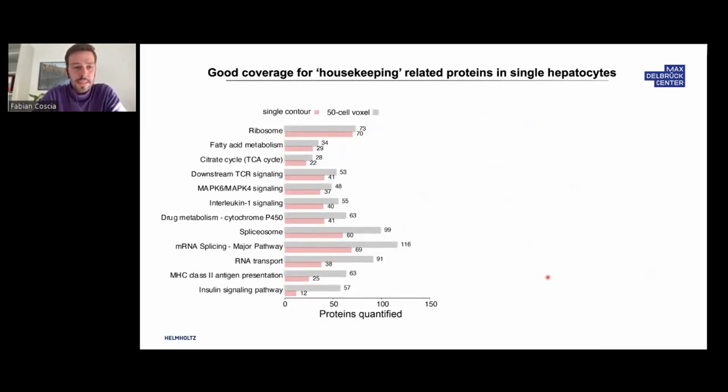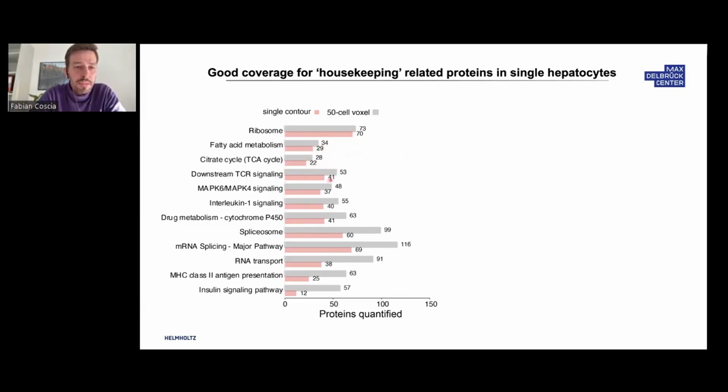We also looked at the pathway coverage of our proteomics findings and compared the single cell proteome measurements to the 50 cell measurements, and were quite excited to see that for many biological pathways, in particular for metabolism associated pathways like fatty acid metabolism, the TCA cycle, and so forth, we had very comparable coverage, so the number of proteins we could identify per pathway.